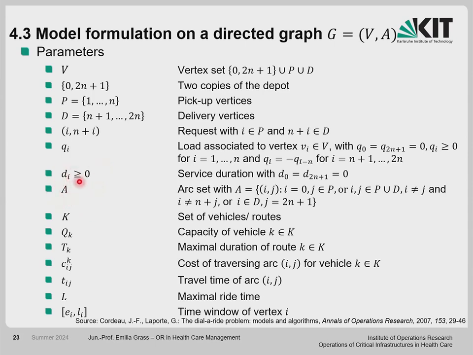And then A is the set of arcs. These are basically the connections between the nodes, so i to j. K is the set of vehicles and routes, because we have to differentiate. Different vehicles could have different capacities. This is shown here: the capital Q is the capacity of vehicle k.